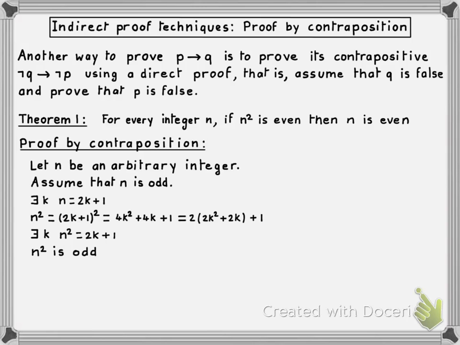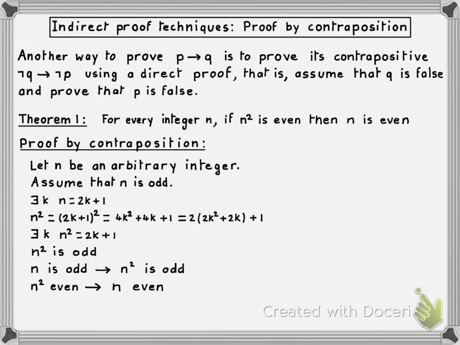Since we came to that conclusion under the assumption only that n is odd, we just inferred the conditional n is odd implies n squared is odd. By contraposition, this means that we also prove that if n squared is not odd, then n is not odd. In other words, if n squared is even, then n is even, which is starting to look like the theorem we're trying to prove.